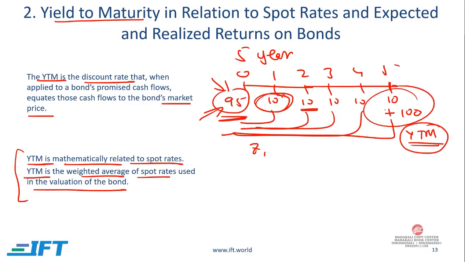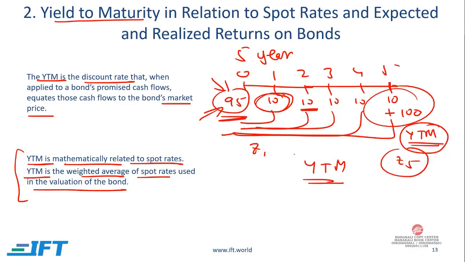Here, most of the cash flow is coming at the end. Therefore, given that the weightage of Z5 will be higher than the weightages of Z1 through Z4, we will expect YTM to be relatively close to Z5 compared to the other discount rates.